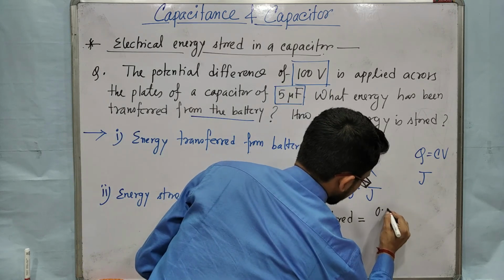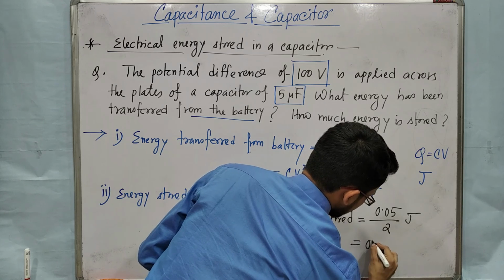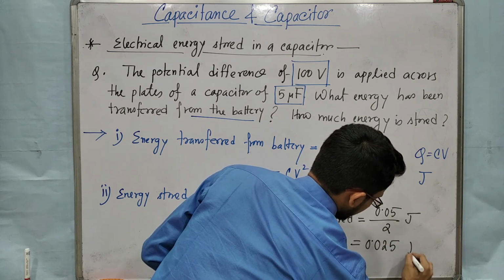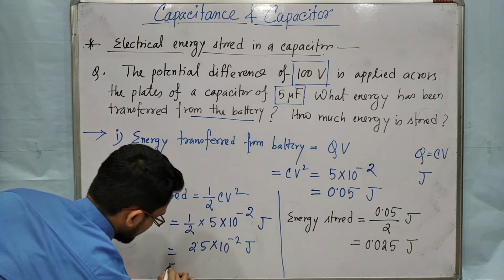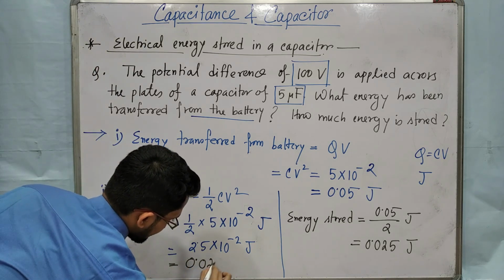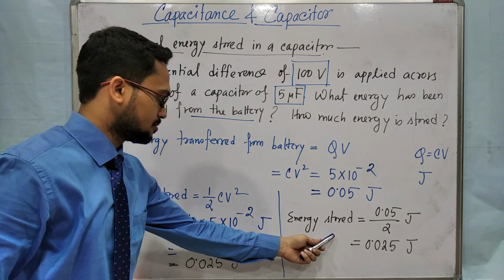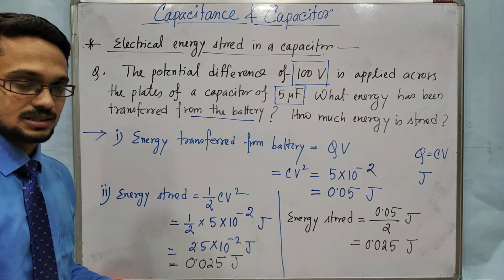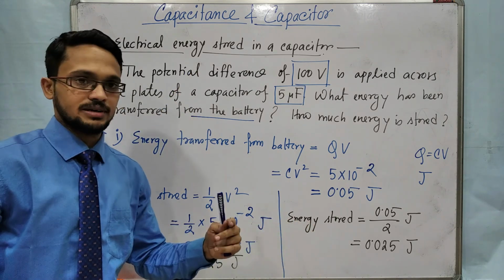So 0.05 by 2 joule, that means 0.025 joule. Here also you will get 0.025. So this is one process, this is another process. Both processes you can use. Okay, so this is our numerical. You can get this kind of small numerical.